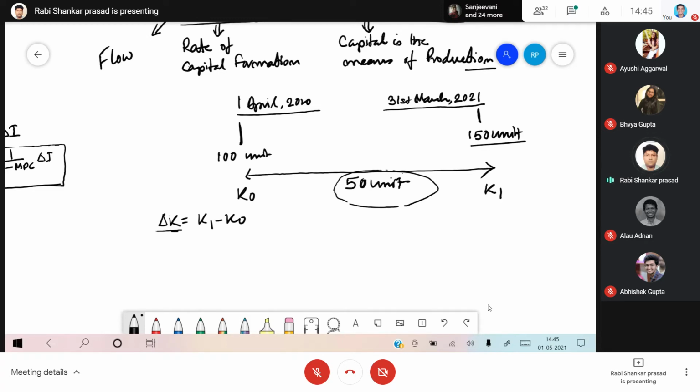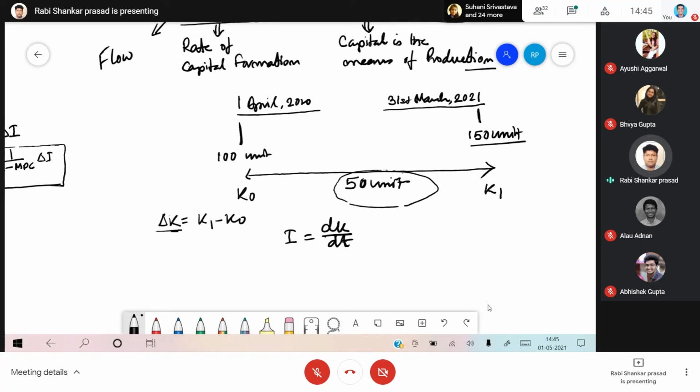So how can you write? Generally we write I, as investment, equal to change in capital during a time period, dK upon dt, change in capital with respect to time. Because time is one of the factors, what time you are choosing. Generally we choose per fiscal year: how much capital you added in a fiscal year.